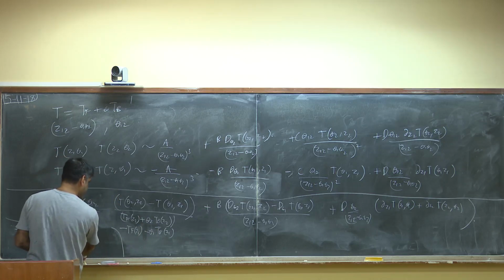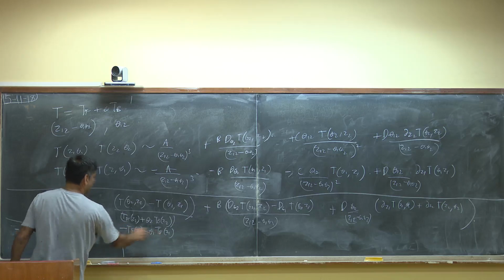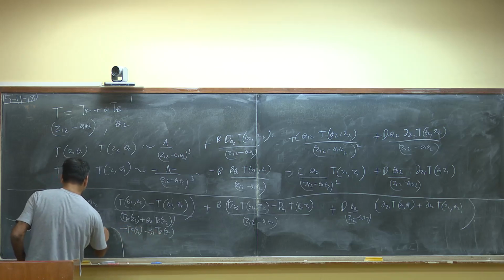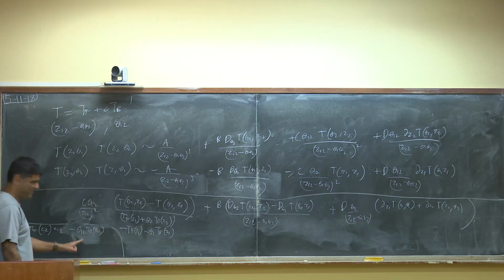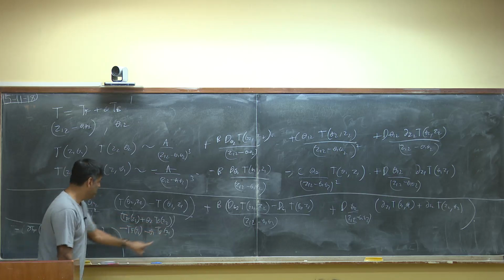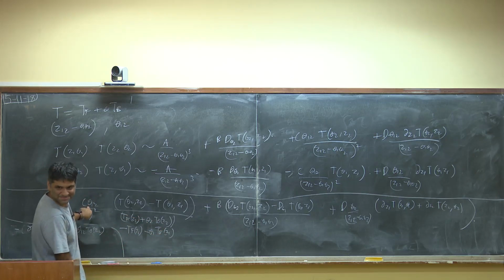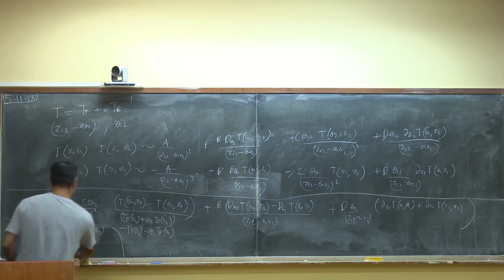So let's write that as minus of theta 1 2 times Tb z2, and then I'll Taylor expand this. But you see that this term is 0 because this is the theta 1 2 and it multiplies the theta 1 2. So this term is not there.